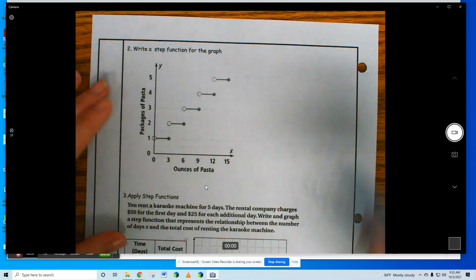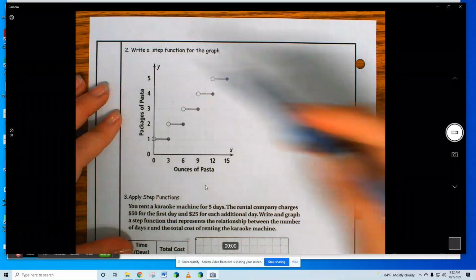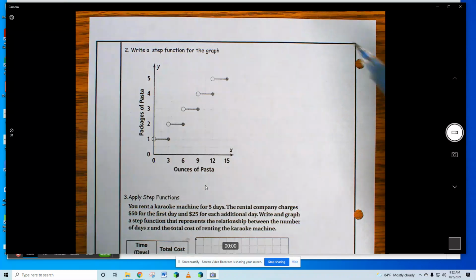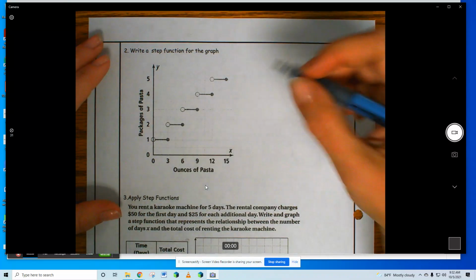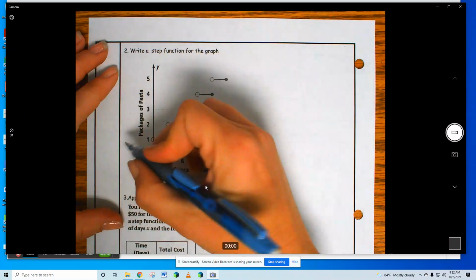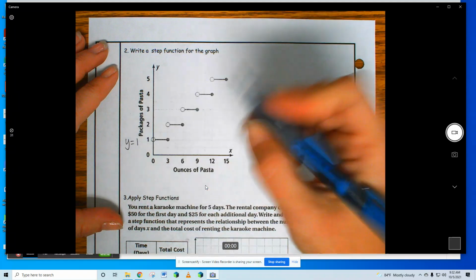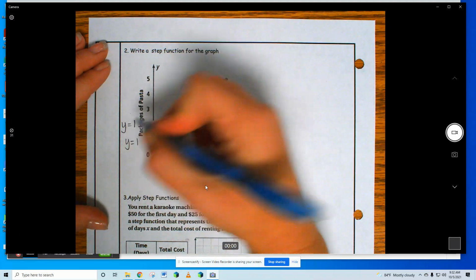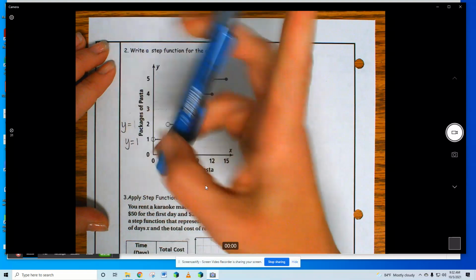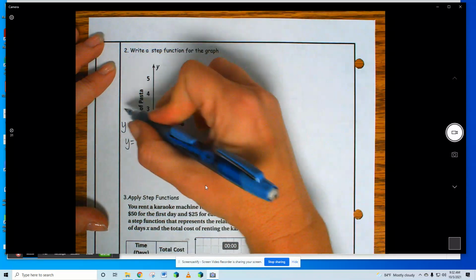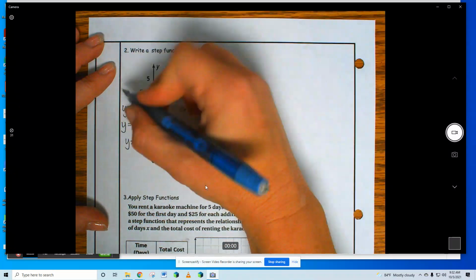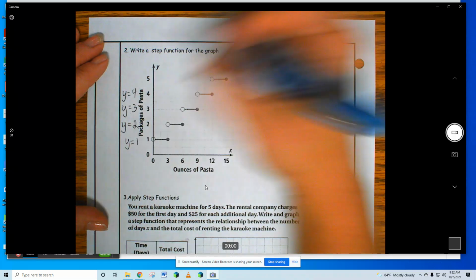Okay, look at ounces of pasta, packages of pasta. This means y equals 1. This horizontal line is y equals 2. Y equals 3. Y equals 4. And y equals 5.